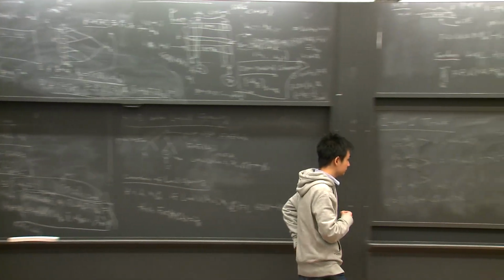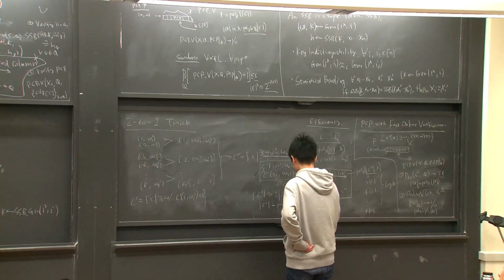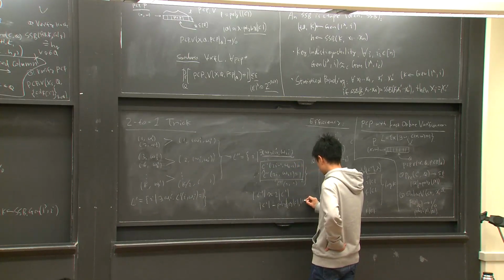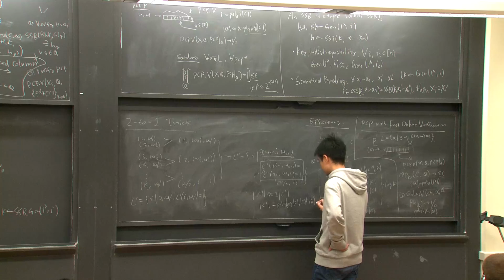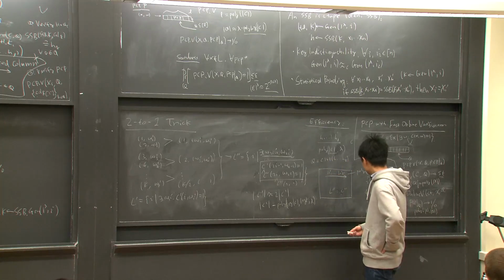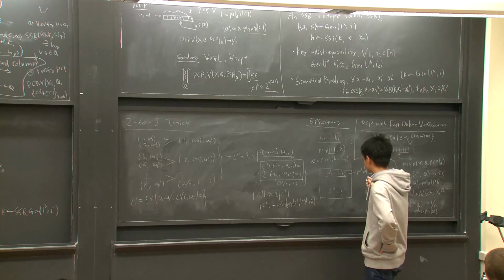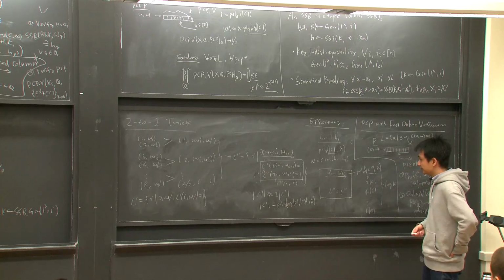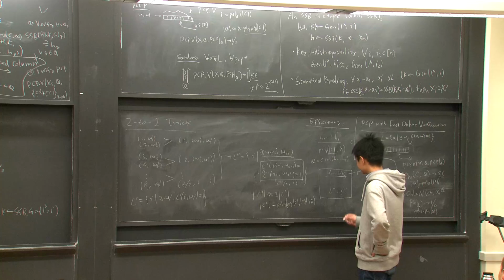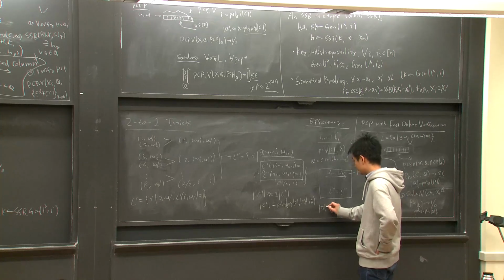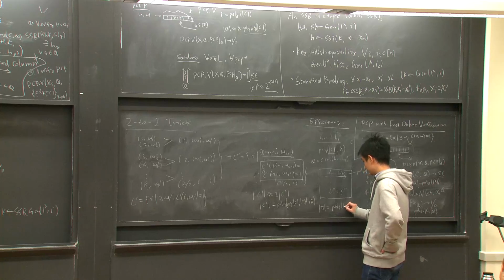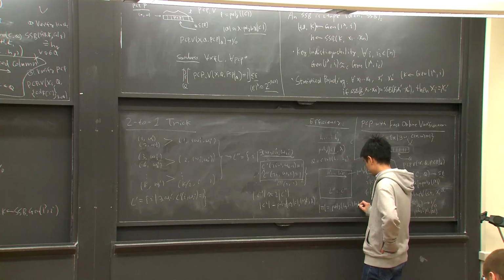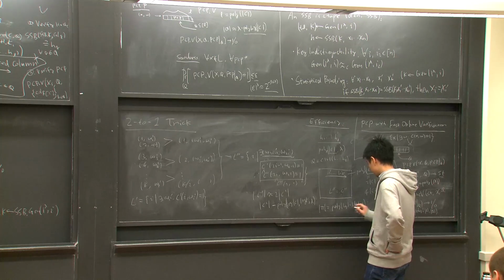So you can check this is polylog in k and lambda, and you can take this recursion inside of this analysis and see that finally the total proof size is polylog in C and polylog in k, and polynomial in lambda.